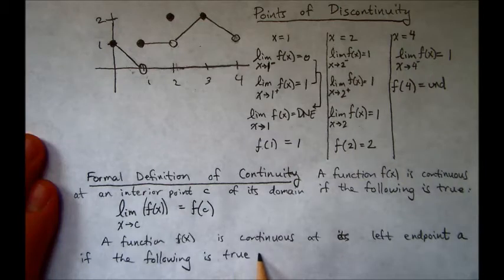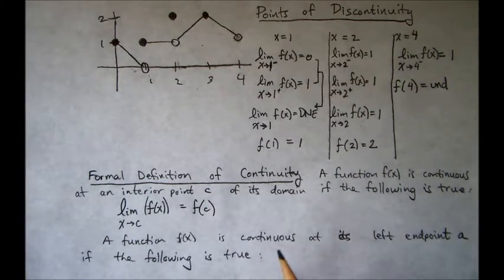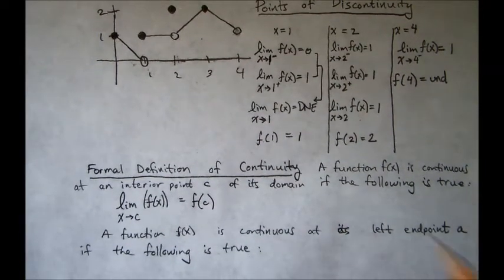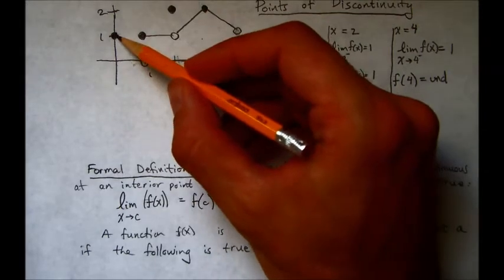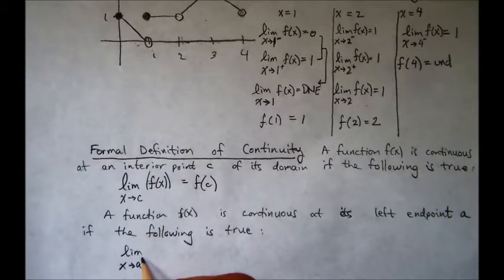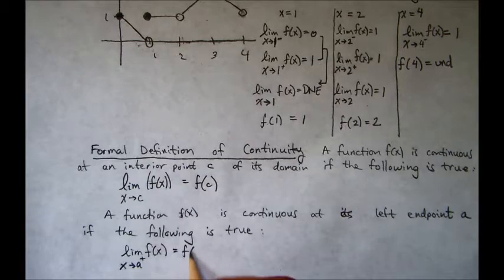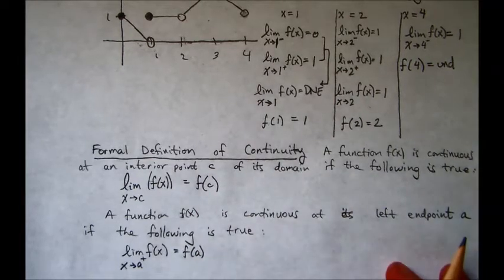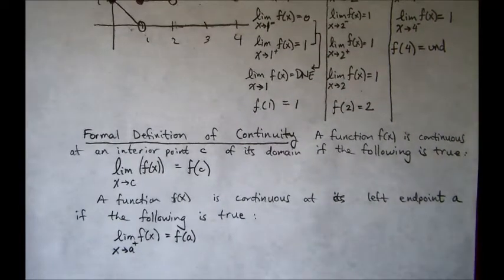You could probably figure this out on your own, but now for a left endpoint you would be coming from the right. The limit as x approaches a from the right for that function agrees with the function at the endpoint. Okay? So it's the same statement as above, it's just one-sided.